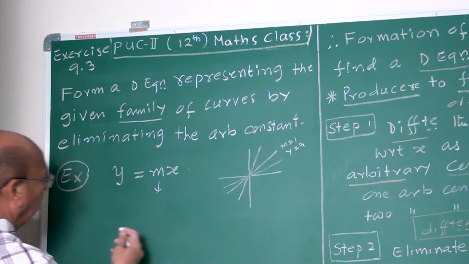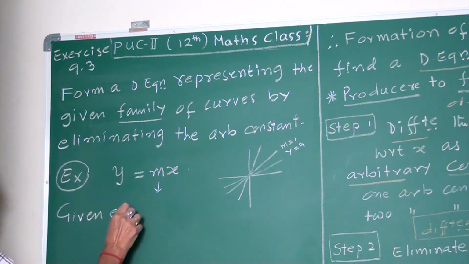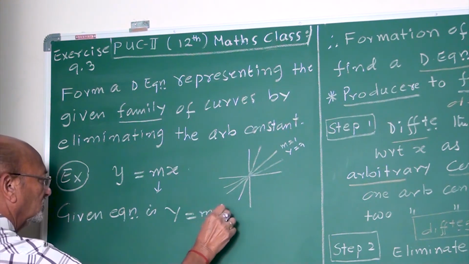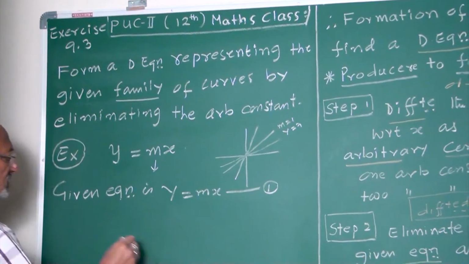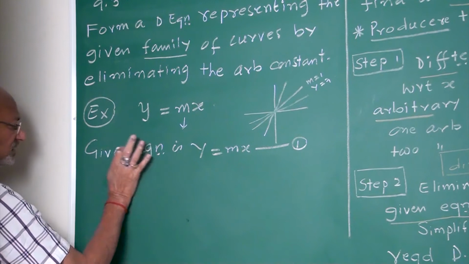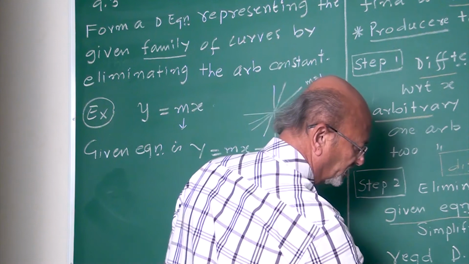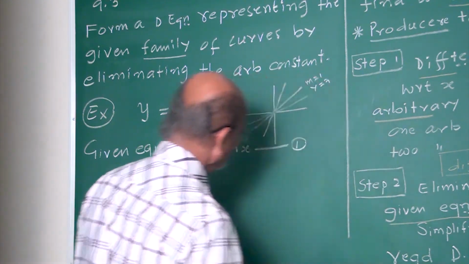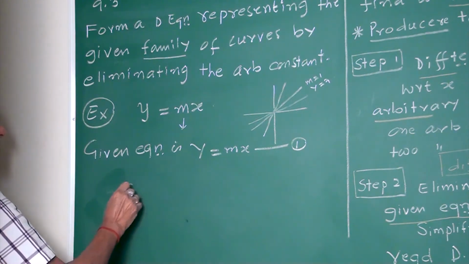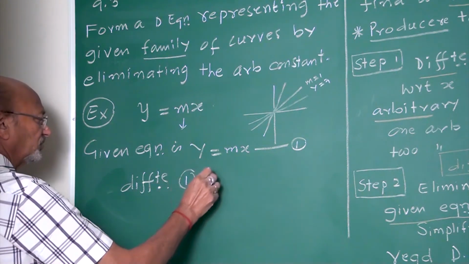Yes, my friends. What is the given equation? The given equation is y equal to mx, which you name equation 1. Next, you have to differentiate. It contains one arbitrary constant, so differentiate once with respect to x.